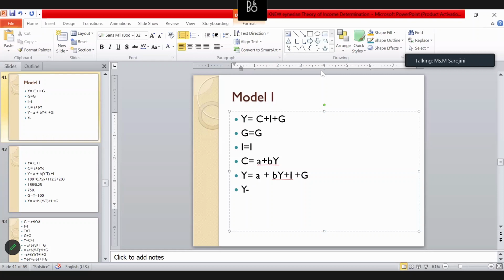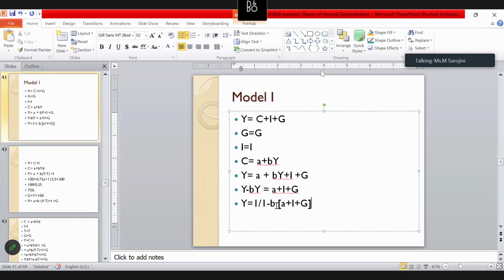Here Y minus BY is equal to A plus I plus G. Again, Y is equal to 1 divided by 1 minus B into A plus I plus G. This is the equilibrium equation for model 1, which only incorporates the government expenses.